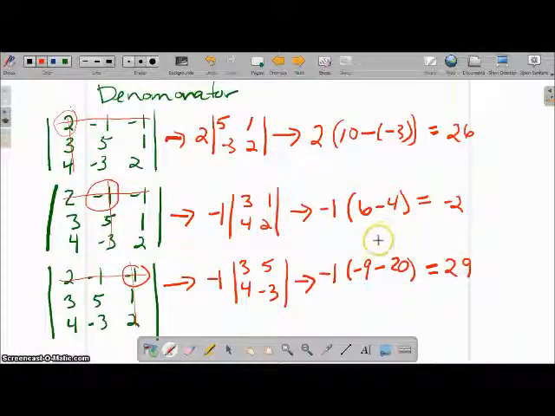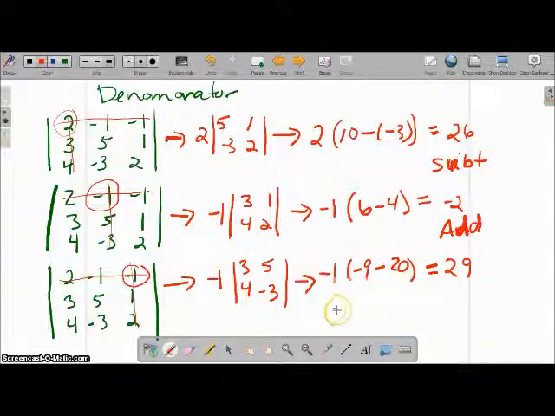Now, what do you do with these numbers? What we did with a regular determinant was we multiplied and then we subtracted. Something similar. You have 26. You're going to subtract the -2, and then you're going to add the 29.